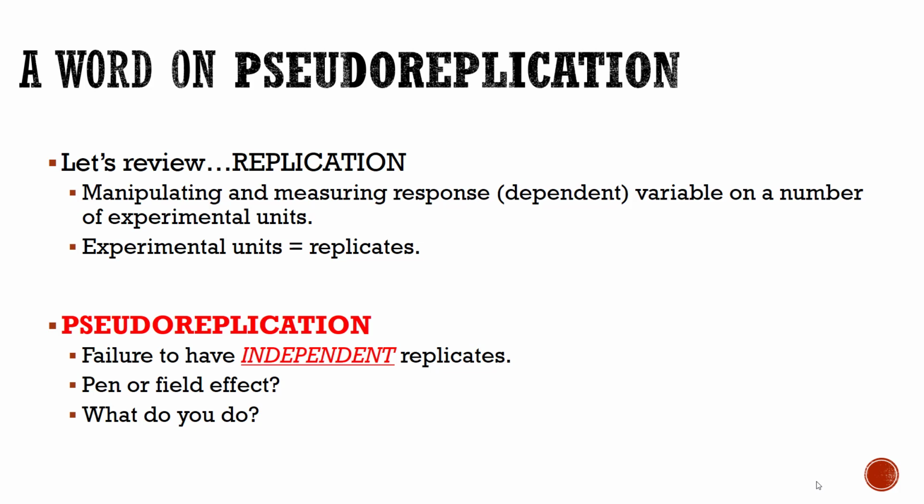And so we can get into a situation where pseudo-replication is actually a problem when we are talking about designing a research project. Pseudo-replication is the failure to have independent replicates. And so this is where we can see things like an entire pen or an entire field having some sort of effect on the experimental units. And so we have to think through what we would have to do in that scenario.